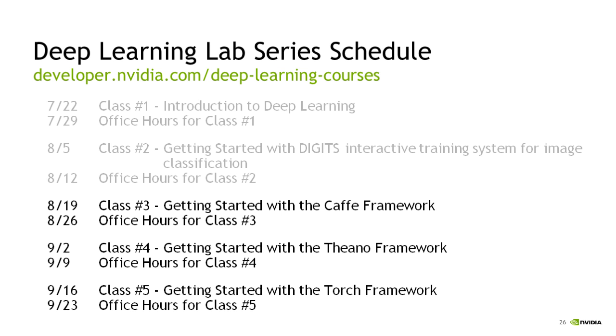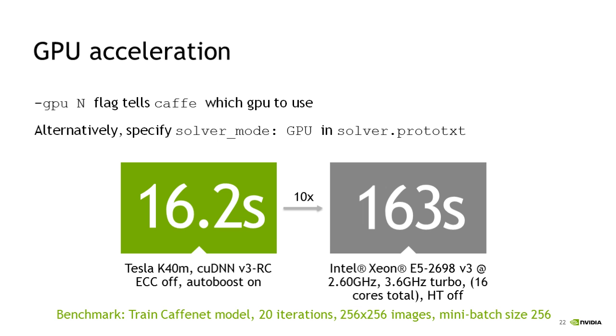Okay, so I think we have time for one more question. I'll answer a GPU-related question on the slides. I said when we did our comparison of GPU to CPU that I had auto boost turned on the Tesla K40.